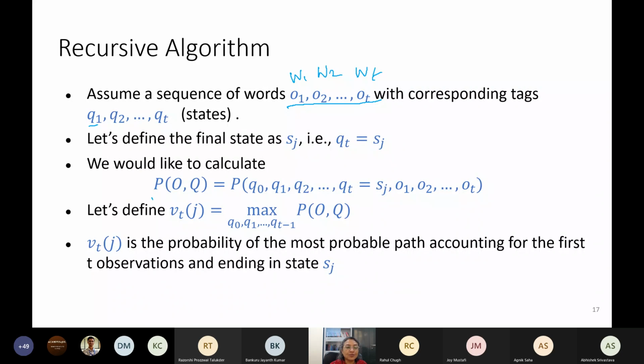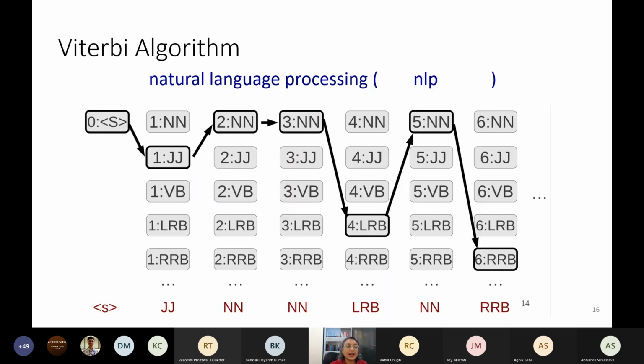We want to compute the joint probability of O and Q, where O is the observation sequence and Q is the tag sequence, given that Qt equals Sj and O1, O2, up to OT. When I look at this second column, I want to find the joint probability of the observation and tag sequence with the current tag being noun.